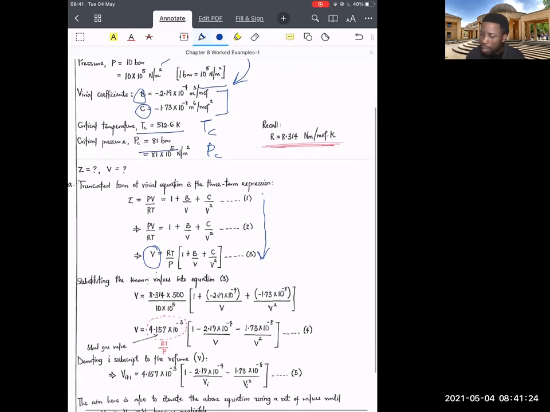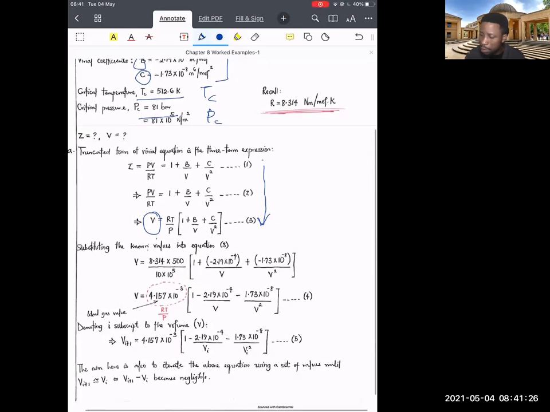So moving on, if we make V the subject of the formula, we plug in all the values that have been provided. And if you remember from what we did yesterday, when we are dealing with virial, RT over P is also the V naught, or the V for your ideal gas.